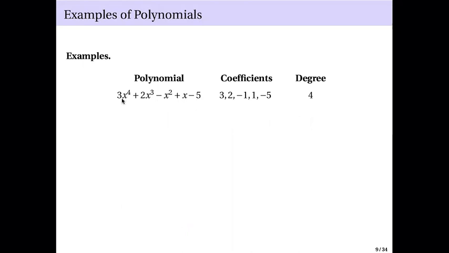So this polynomial is written in our standard form, started from x to the 4 going to x to the 0. So we can easily write the coefficients as 3, 2, -1, +1, -5. And the highest degree here is 4. Okay, so we have degree equals 4 for this polynomial.